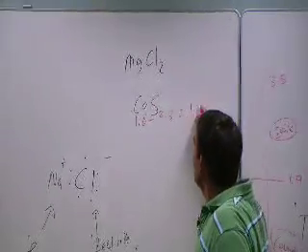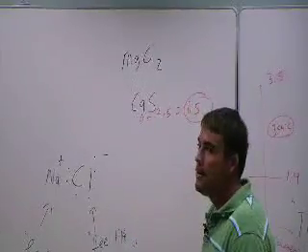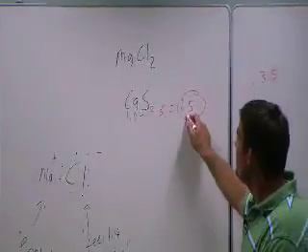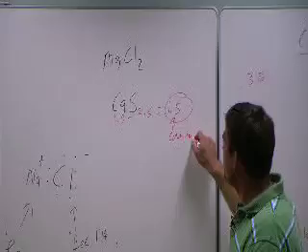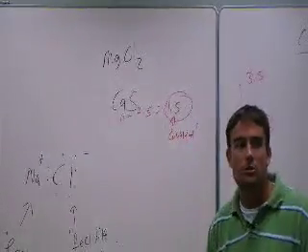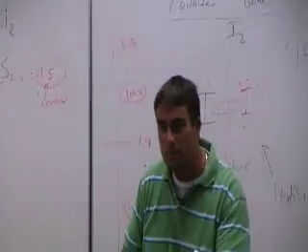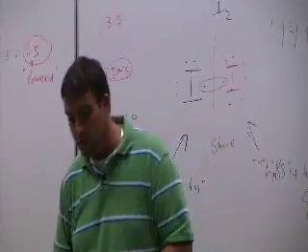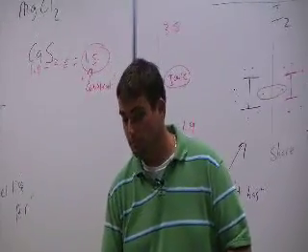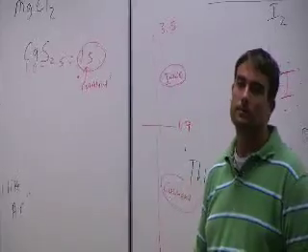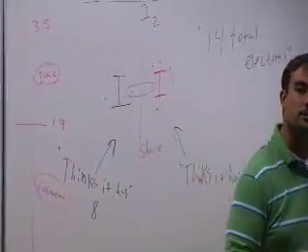So what's the electronegativity difference here? So this is what type of a bond? This is a covalent bond. So this would be an example of a time you would be wrong. Right? So it does happen.